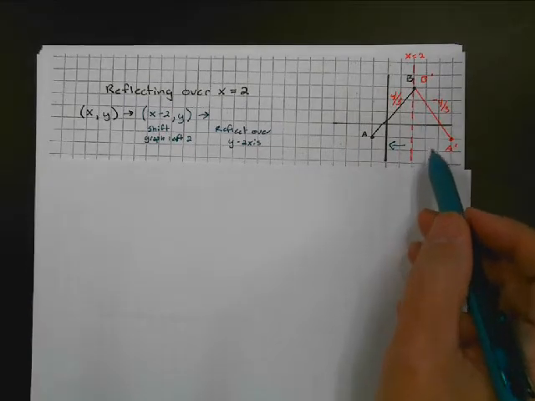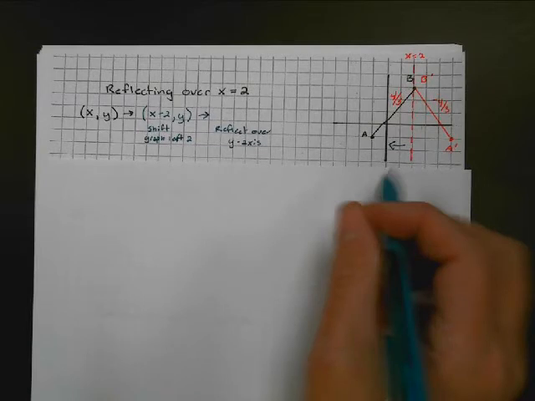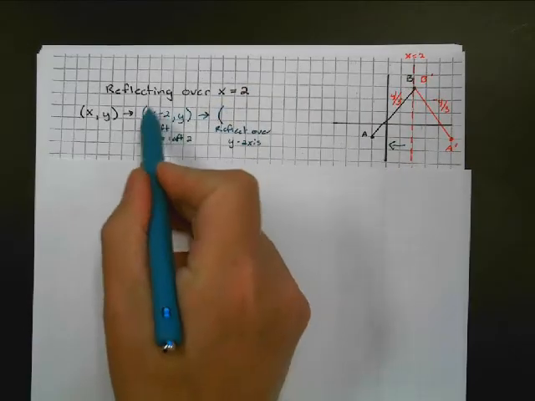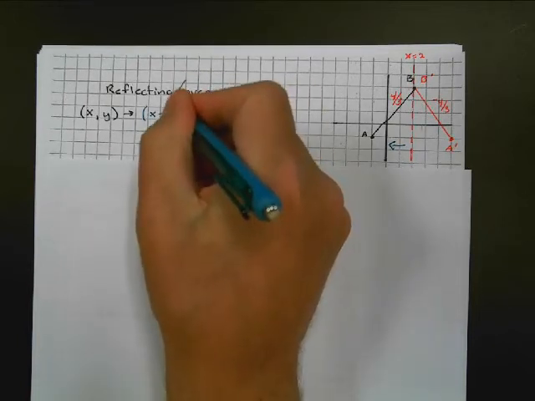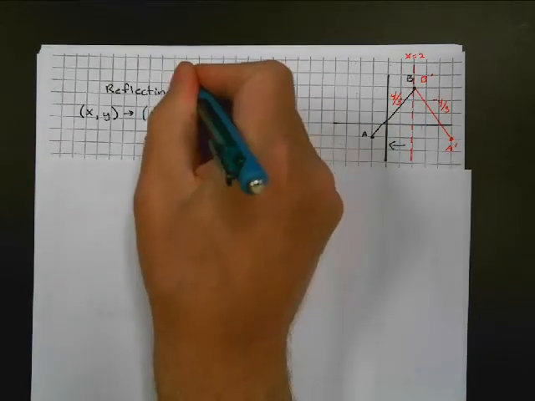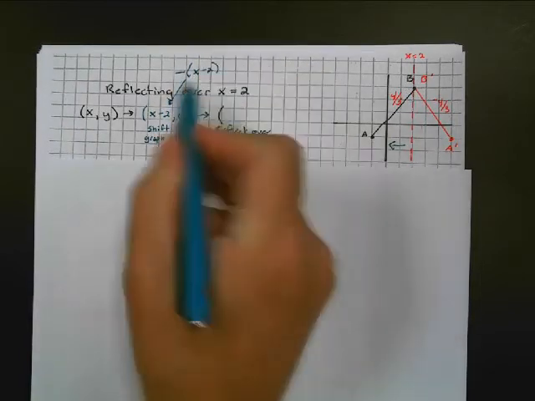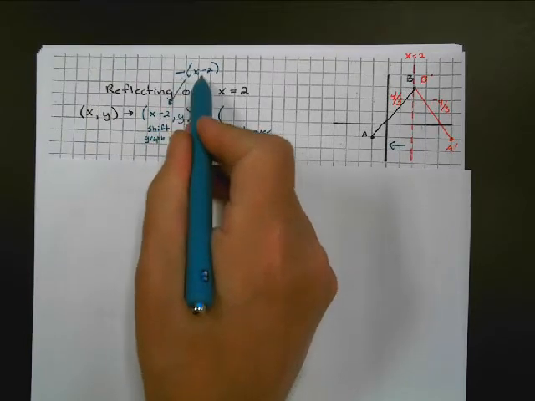Now, a reflection over the y-axis is (-x, y). Well, right now, this is x - 2. Now, if that is x and I do negative that, so if I take negative (x - 2), I have to distribute this negative, because it's negative 1 times (x - 2).